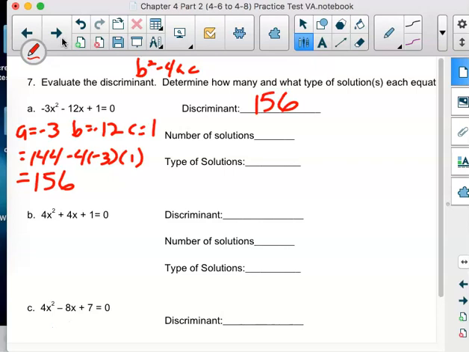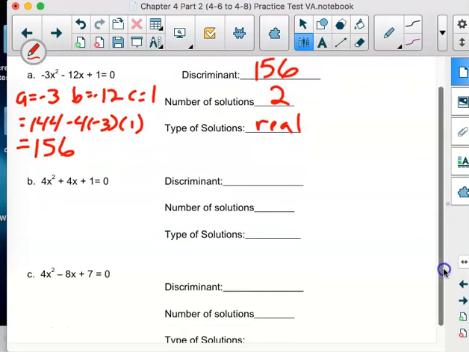So we put that in the blank. Now we have to remember, does that mean it has 2 reals, 1 real, or 2 imaginaries? 2 reals. It's positive, so it has 2 real solutions. So positive is 2 reals, 0 is 1 real, and negative is 2 imaginaries.